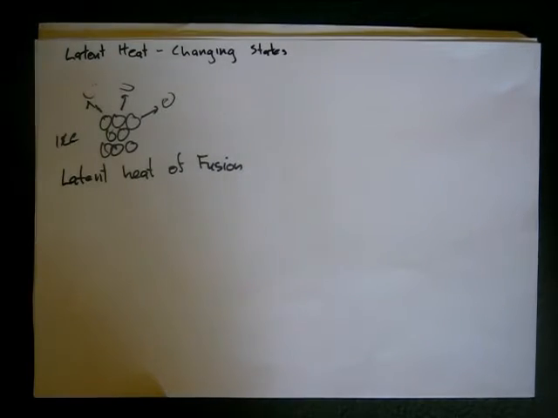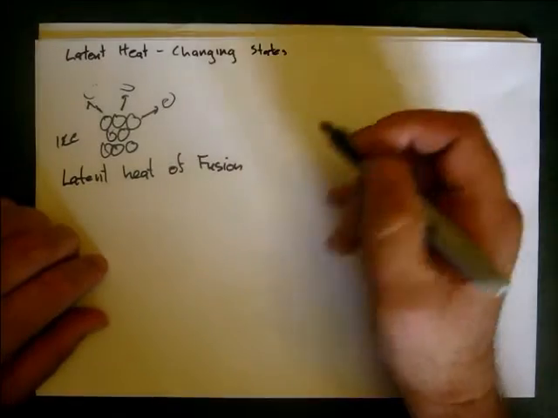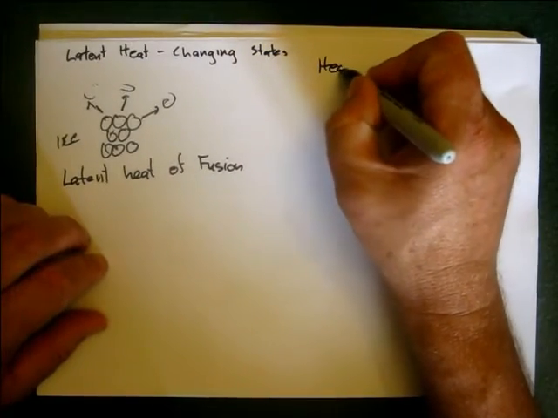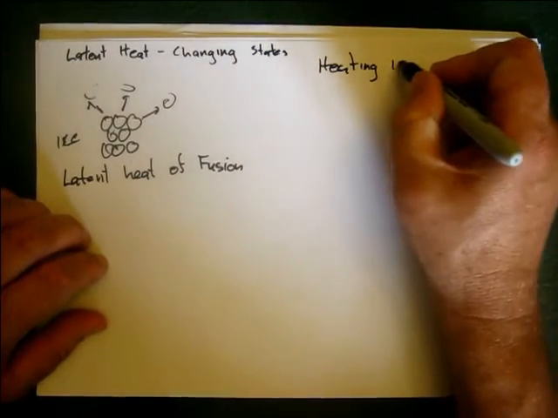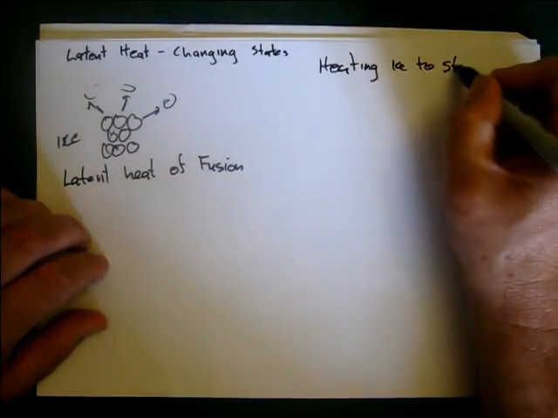So if you are heating something up, this is the amount of energy that you need to supply to melt the substance. Let's say heating ice to steam.